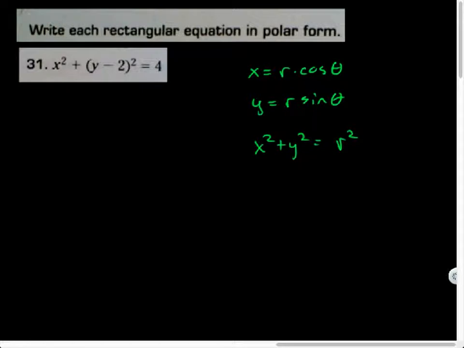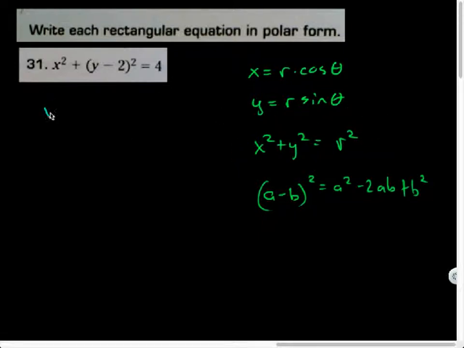I think in the lesson, I did some switcheroos with these first and then expanded this using a pattern, specifically this pattern: a minus b all squared is equal to a squared minus 2ab plus b squared. So to do this problem, you kind of had to come with some previous knowledge. I want to see if I can use this route.